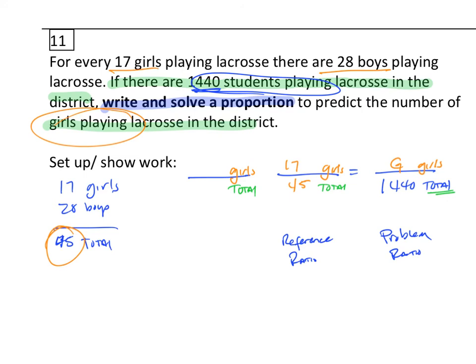So with that, now we can set up our cross product equation. So we're going to have 45 times G equals 17 times 1440.